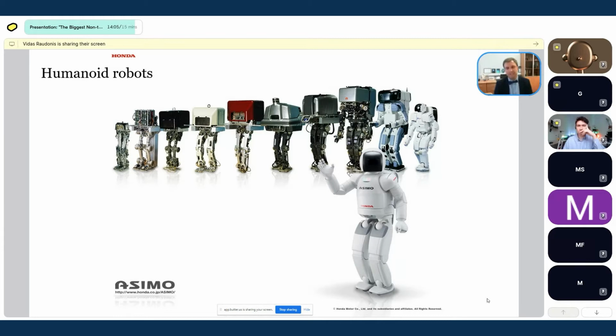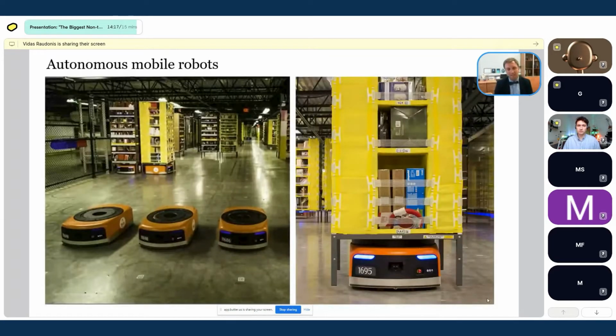Humanoid-like robots can also do certain things that are usually done by people, like walking and bringing something. This is a Kiva robot, which is used in Amazon warehouses. As I know, at this time they have 45,000 of these robots, and their main task is to take a shelf from one place and bring it to another place.